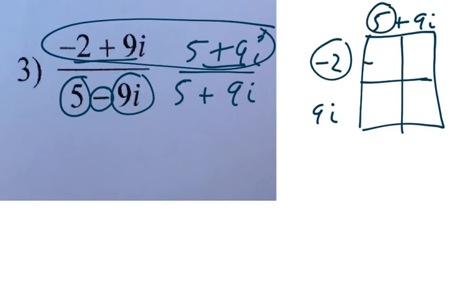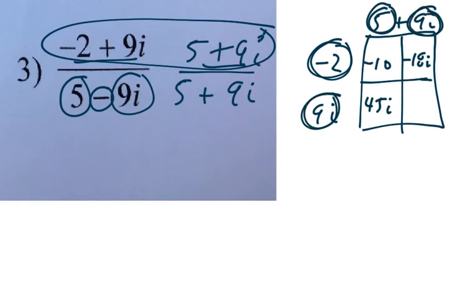5 times negative 2 is negative 10. 9i times negative 2, negative 18i. 5 times 9i, 45i. 9i times 9i, 81i squared. The i squared is negative 1, so that's really a negative 81 right there.